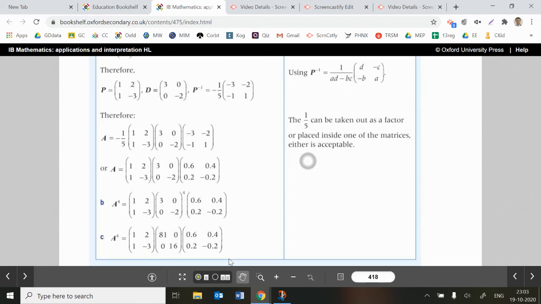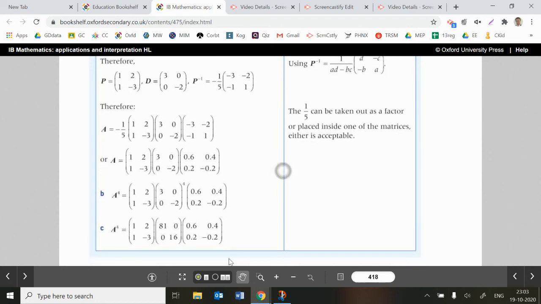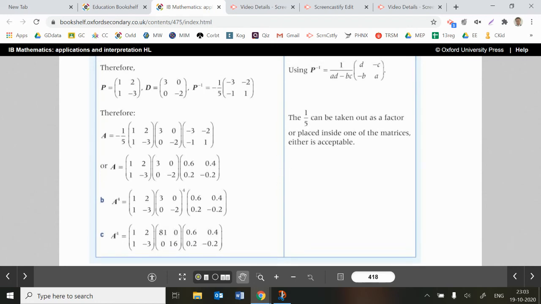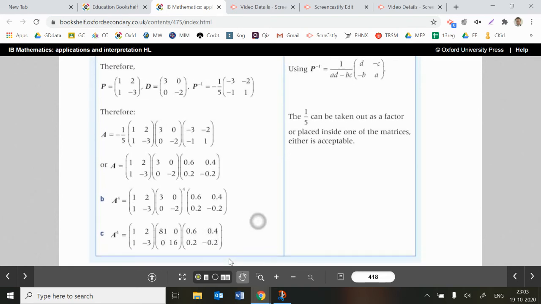Okay, so after that, of course, you can now apply A to the power of 4 is equal to your P times D to the 4. There's D to the 4. That's what I was just doing before. And this is your inverse matrix. And it seems to me like they haven't done anything further there.